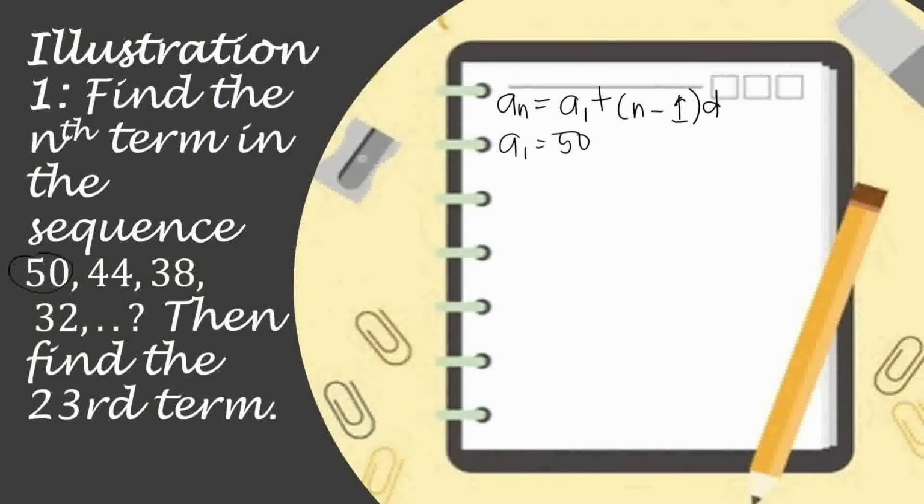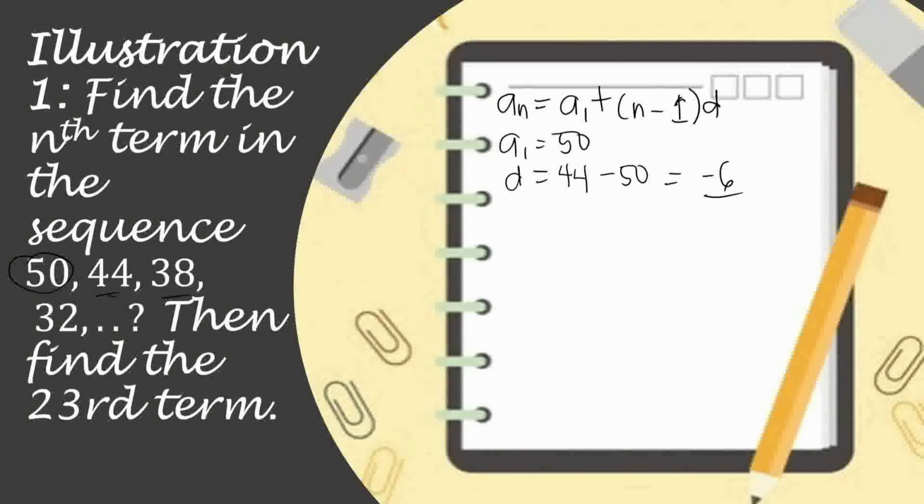And then yung common difference, d, 44 minus 50 equals negative 6. Sa paghahanap ng common difference, kuha lang kayo ng isang number, then minus nyo sa previous number. So pwede naman 38 minus 44 or 32 minus 38. Negative 6 lang din yung makukuha nyo dyan.